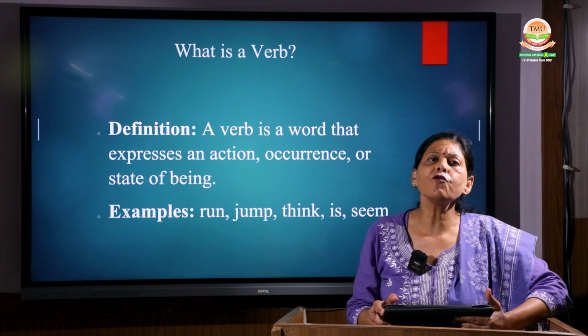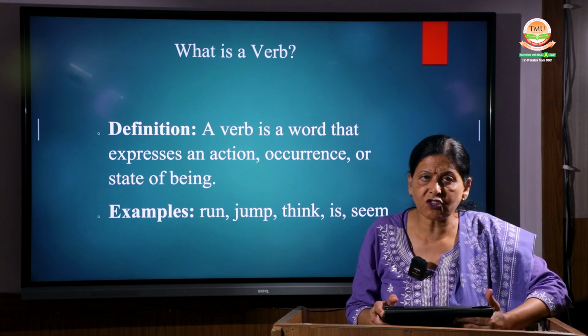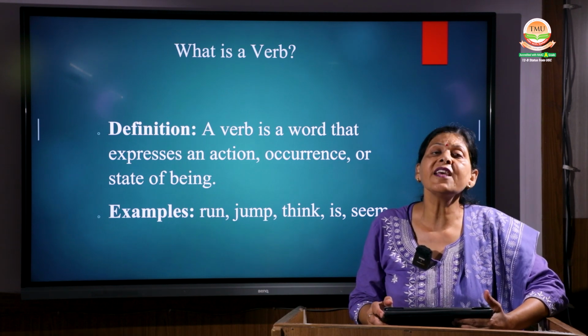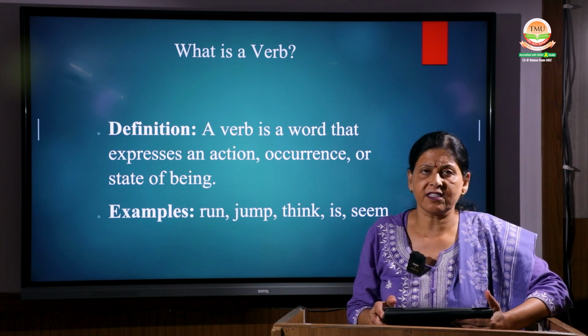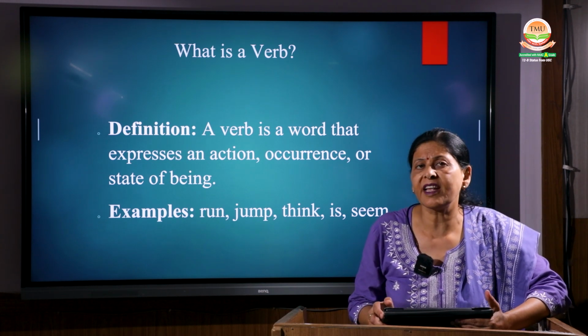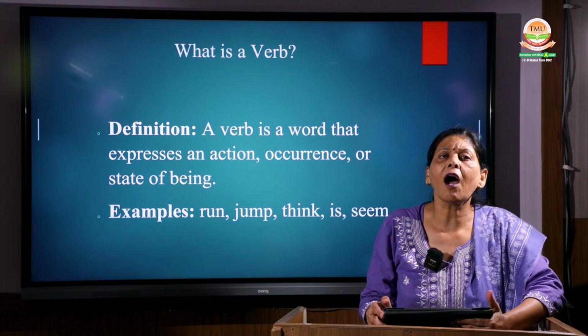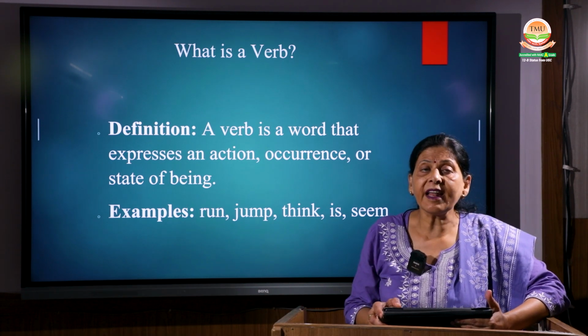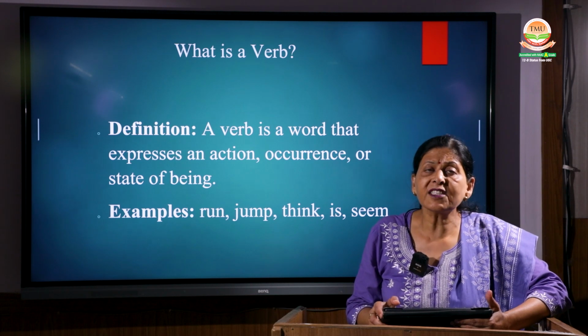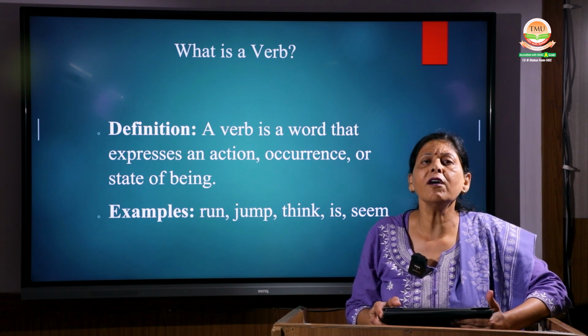First of all, they denote the action that has been done. Secondly, they tell us about the tense, which tense the sentence is spoken in, and tenses, we all know, are the backbone of English grammar. The mood of the sentence, the tenses, the state, all these are reflected by the verbs.